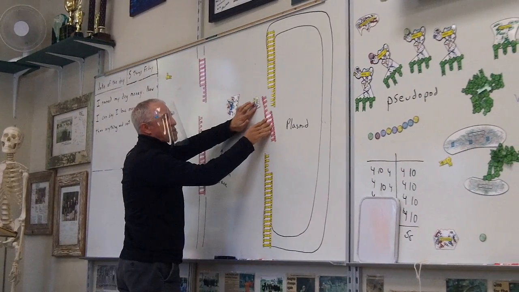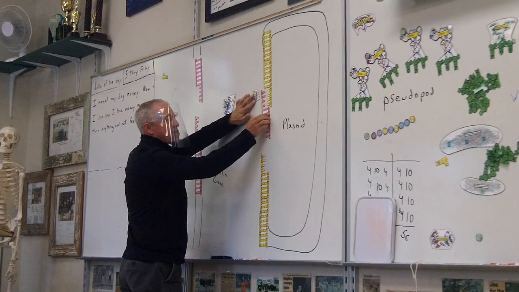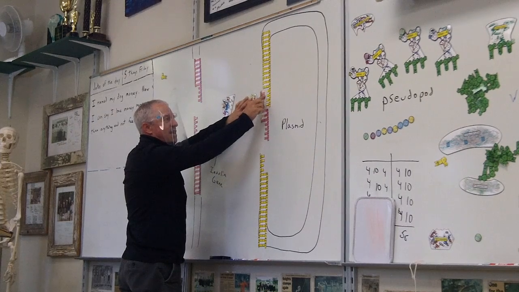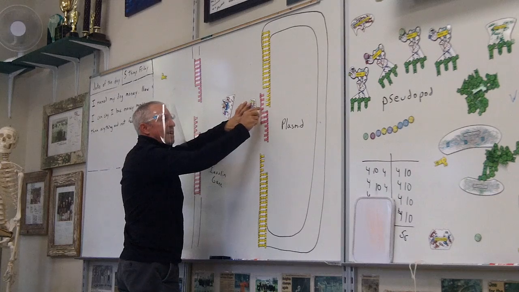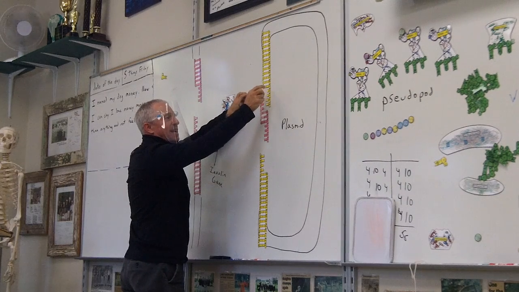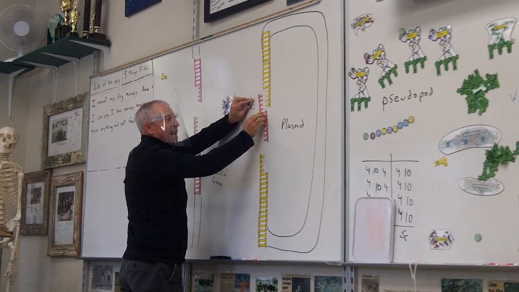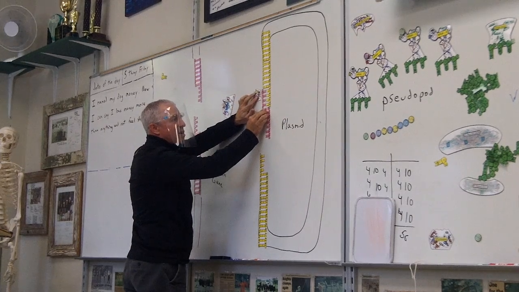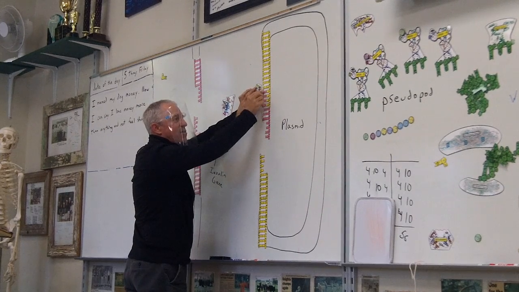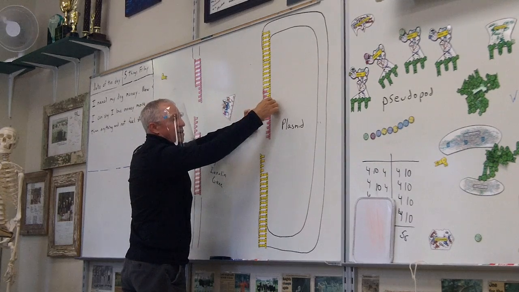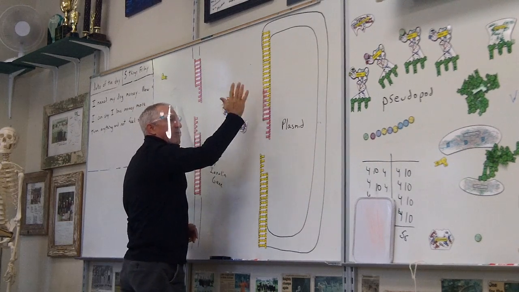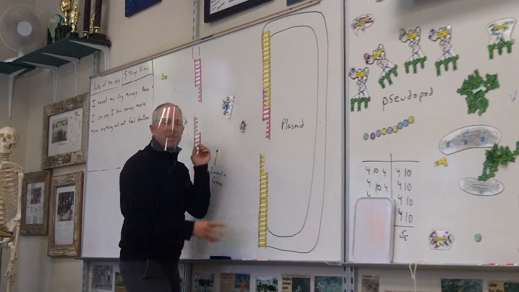DNA ligase will seal this, these are called sticky ends. This sticky end here, AATT, coincides with this sticky end, TTAA. And the DNA ligase will tie in this G with this A, and tie in this G with this A over here, and we say we've spliced the gene.